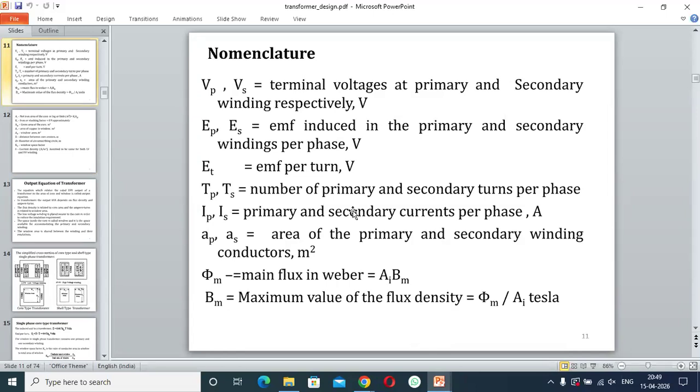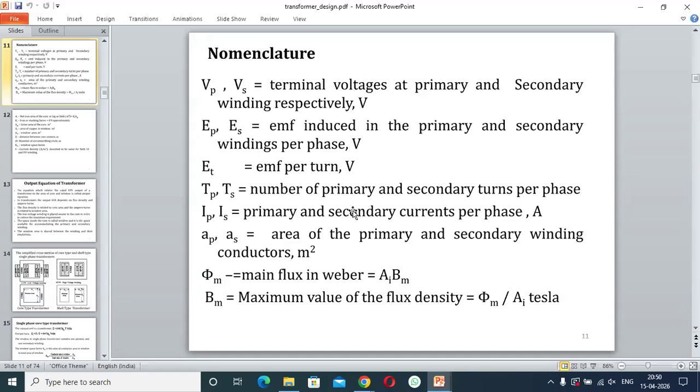TP and TS are the number of turns on the primary and secondary side. EP and ES are the EMF induced in the primary and secondary side. Then we have ET, per turn, meaning the EMF that will be induced per turn in the system.